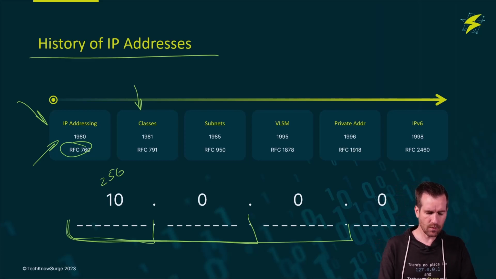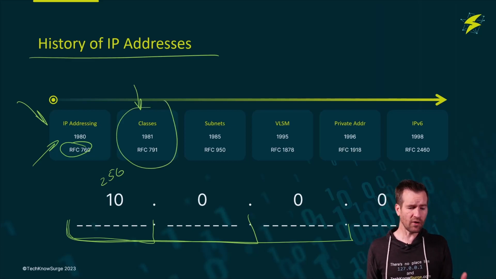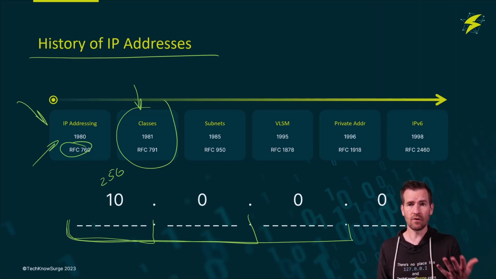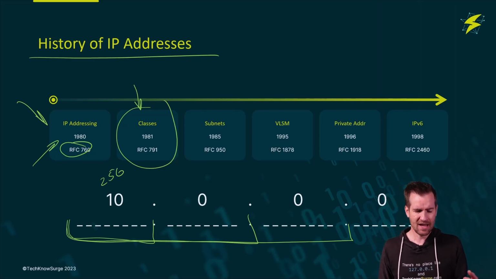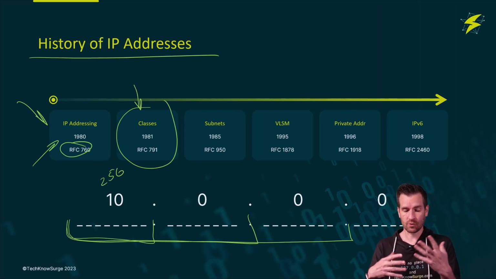That is what was specified in 1981. It still only gives us a little over 2 million networks, so it's still not enough networks for the internet connections which were growing.